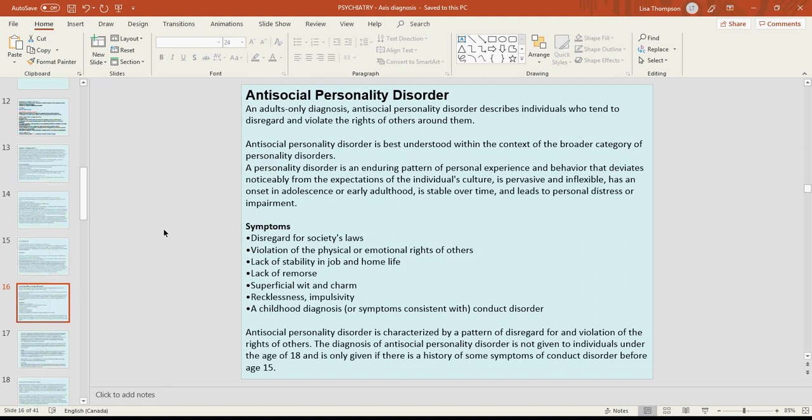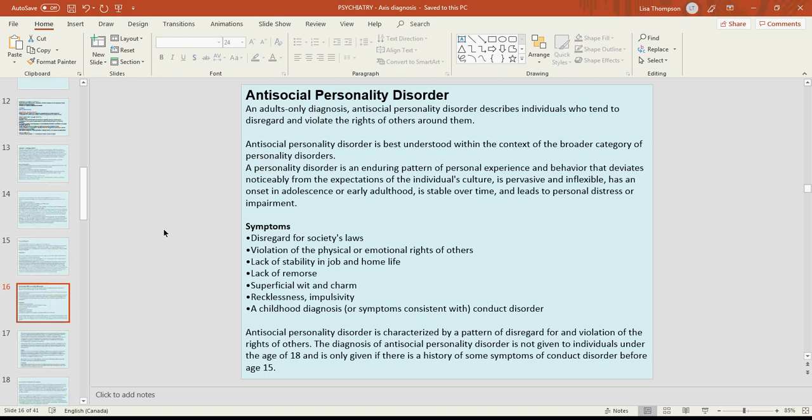Symptoms: disregard for society's laws, violation of the physical or emotional rights of others, lack of stability in job and home life, lack of remorse, superficial wit and charm, recklessness, impulsivity, a childhood diagnosis or symptoms consistent with conduct disorder.